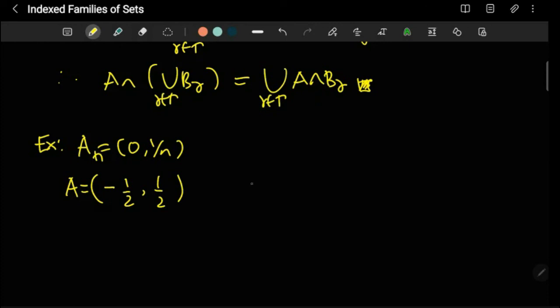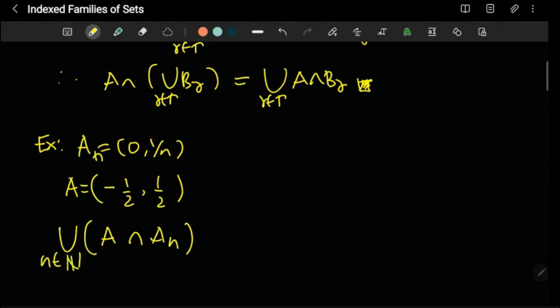So we want to get the intersection of A and A sub n, and then after we get the intersection of all these sets, we want to get the arbitrary union, the union for all n in the set of natural numbers.